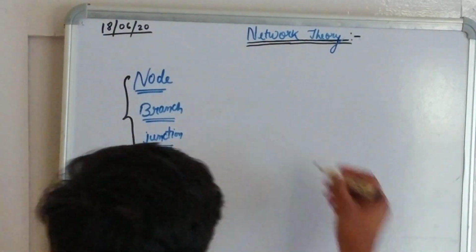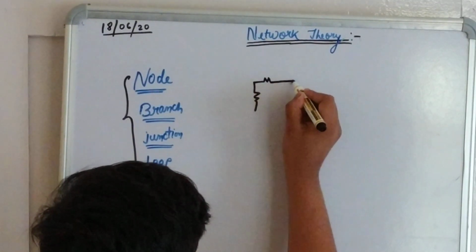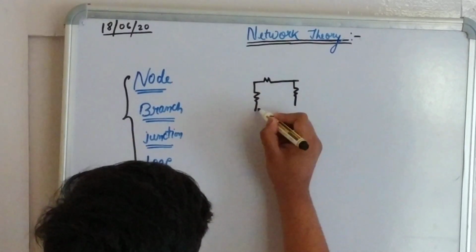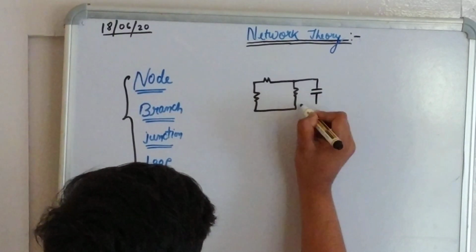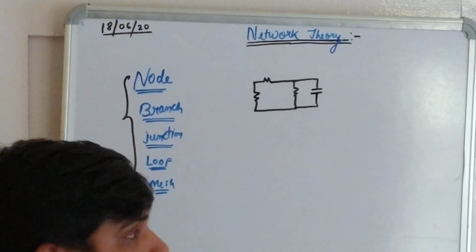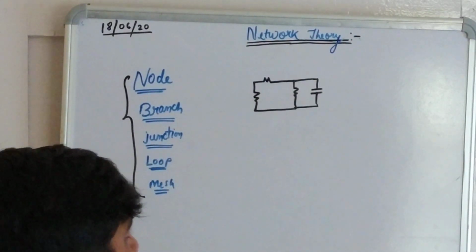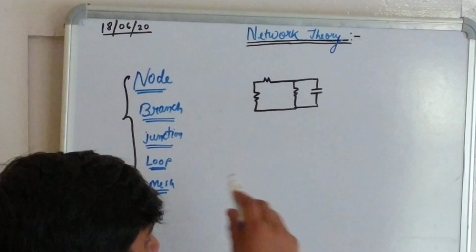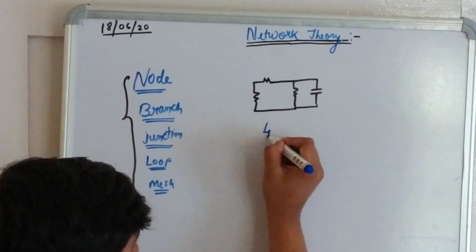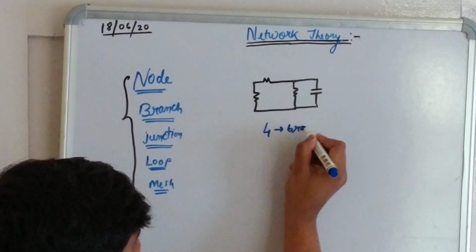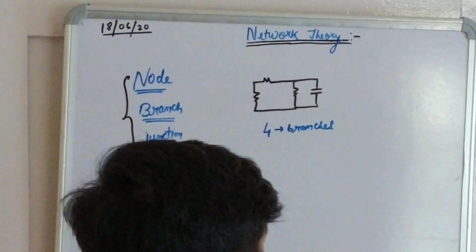Say for example, here in this network, can you tell me how many branches are there? In this network, it has four elements, as you can see. So therefore, there are four branches. Now, how many nodes are there?